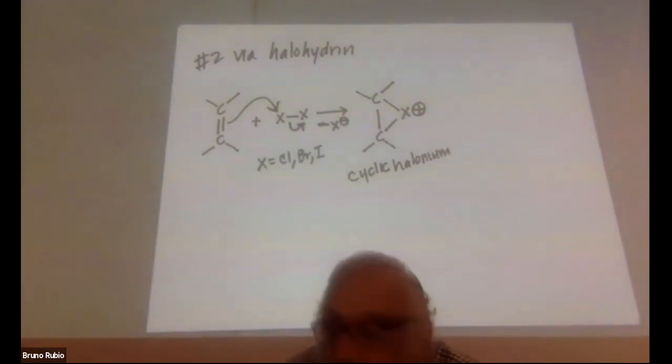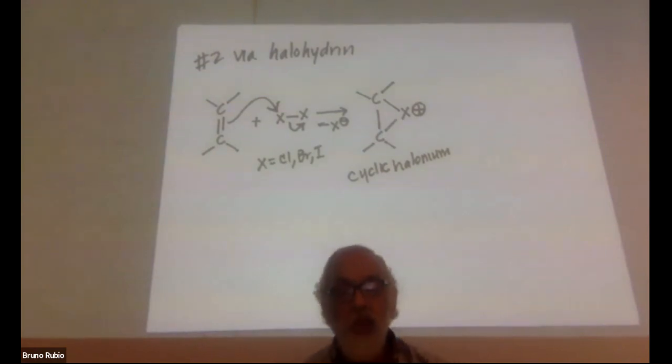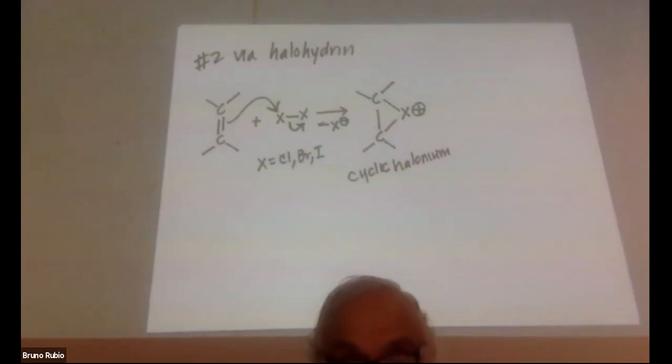Cl2, Br2, and I2, these are big atoms, big molecules. So this cyclic halonium ion is going to form on the less hindered side of the alkene, if it has one, because Cl, Br, and I are huge.